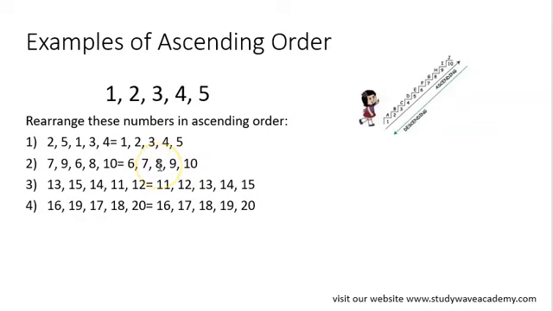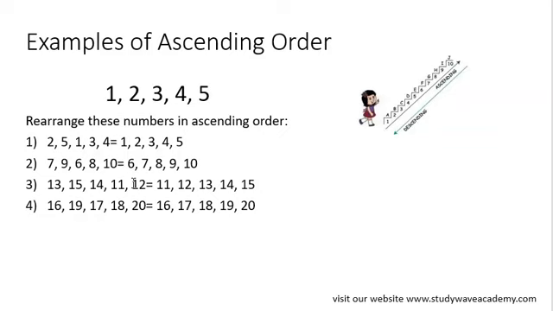Okay, and then we move over to the next one. We have 15, 14, 11, 12, 13. We have to arrange these numbers in ascending order. We said ascending order is from the smallest to the biggest.